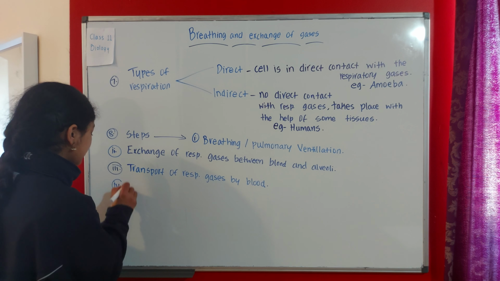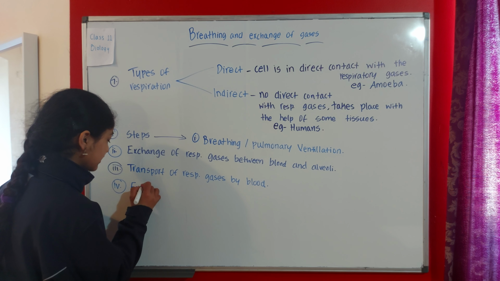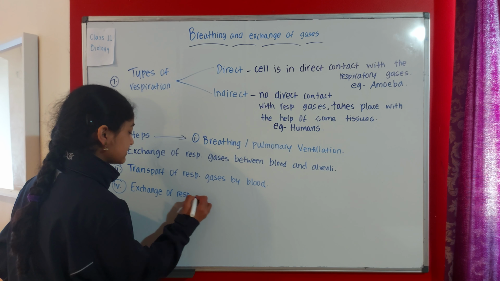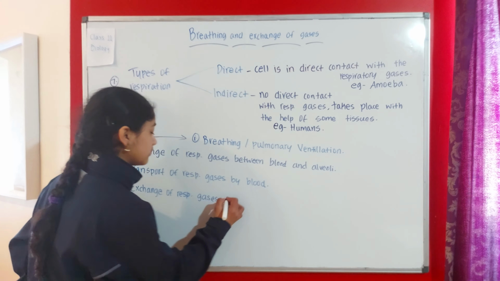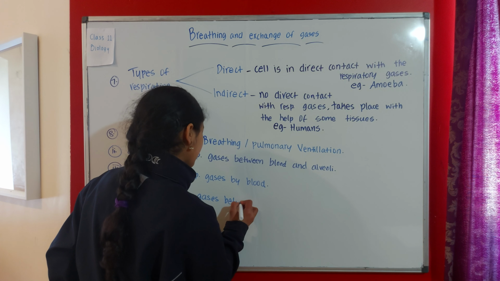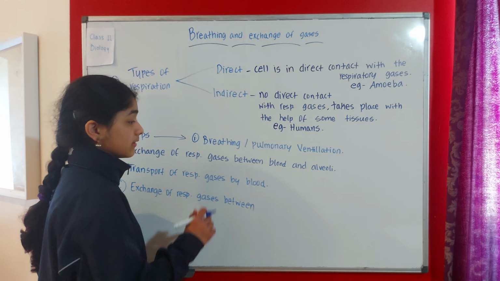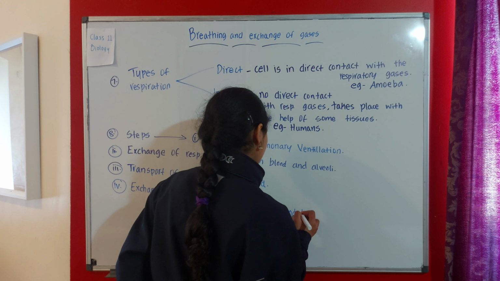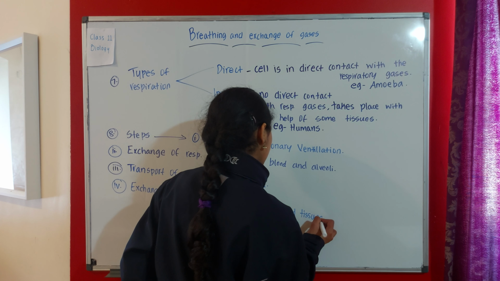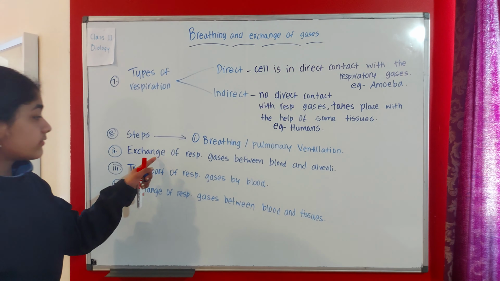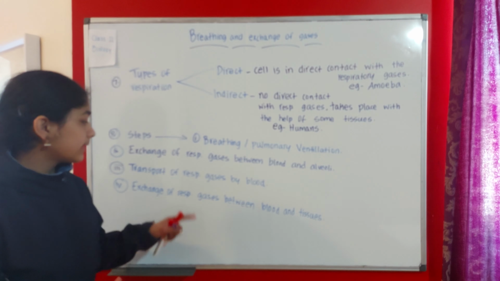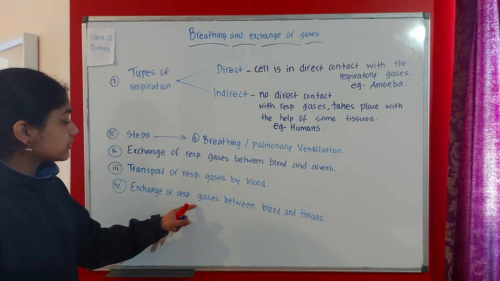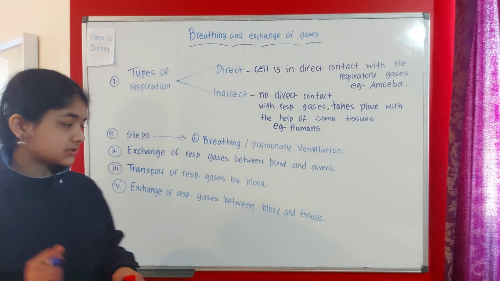The fourth step that we have here is the exchange of respiratory gases, this time between blood and tissues. So here, exchange of respiratory gases between blood and alveoli. Then we have the transport of respiratory gases by the blood. Here, exchange of respiratory gases between the blood and the tissues.